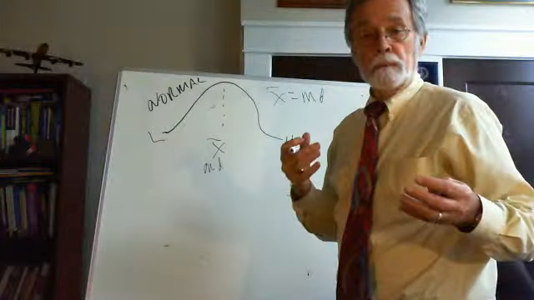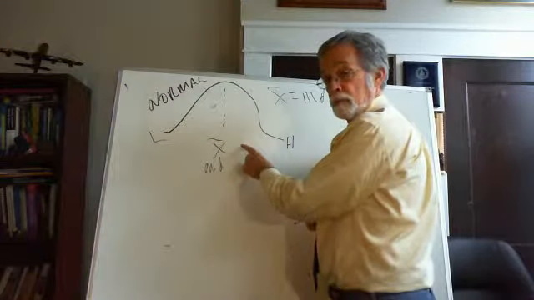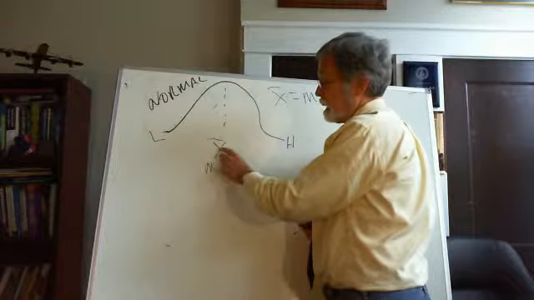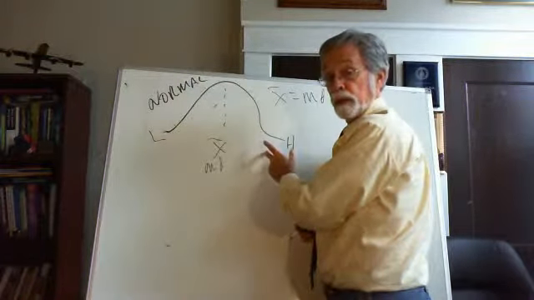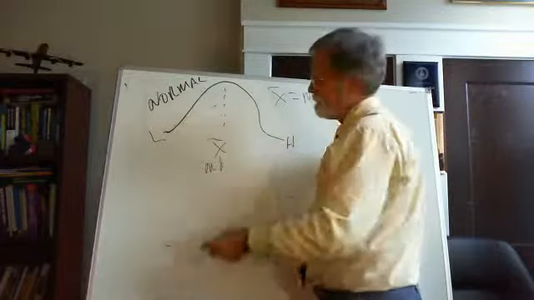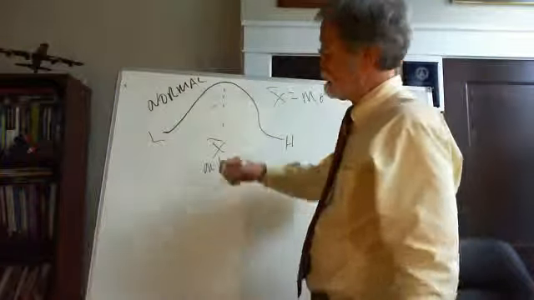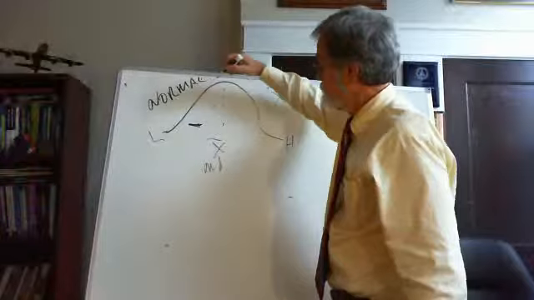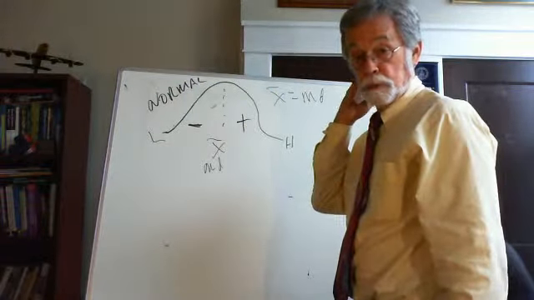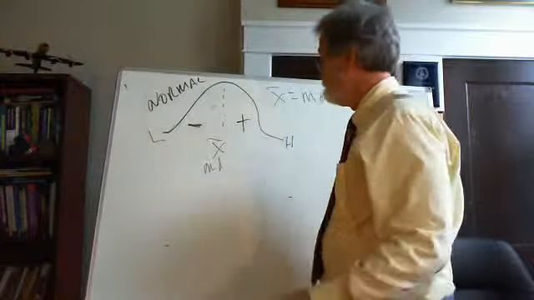Again, when we're talking about plus and minus, any x's that are to the right of the mean going up to high are larger than the mean. So if we subtract the mean from any of these x's, we're going to get a plus value. All the x's to the left of the mean are smaller than the mean. So if we subtract the mean from any of those values, we get a minus sign. So this is called the negative or minus side of the distribution, and this is called the plus or positive side of the distribution, because of what happens to values on either side when you subtract the mean.